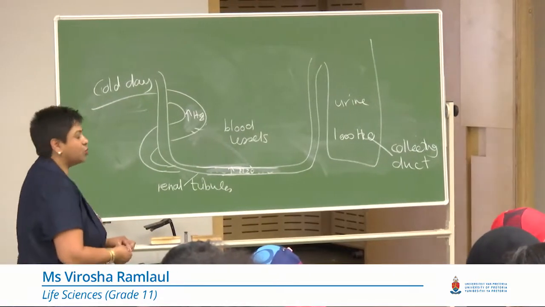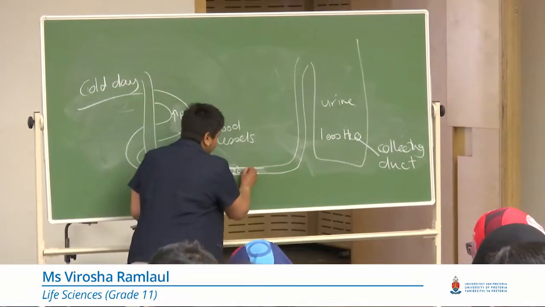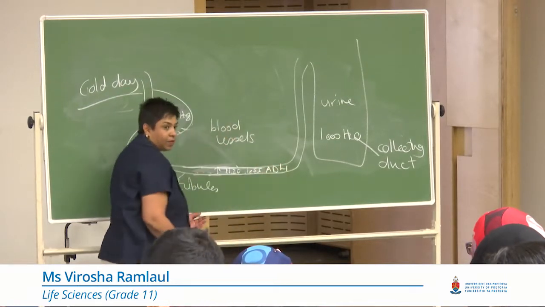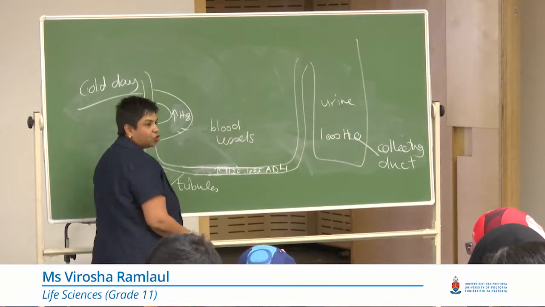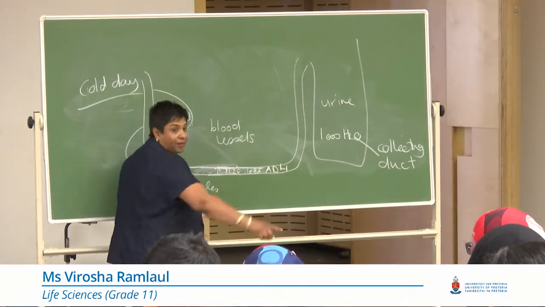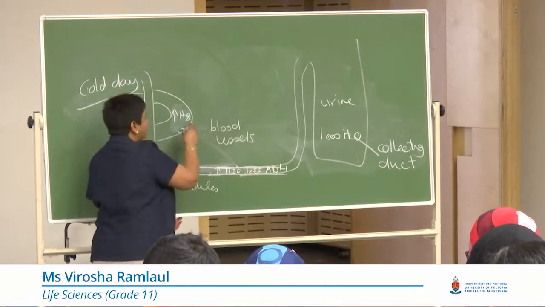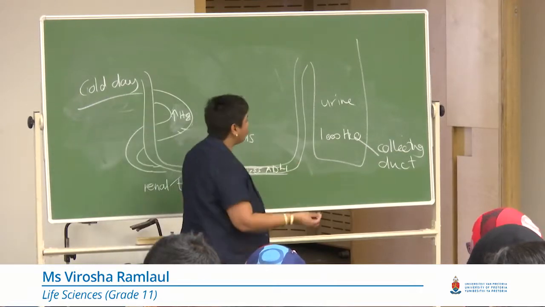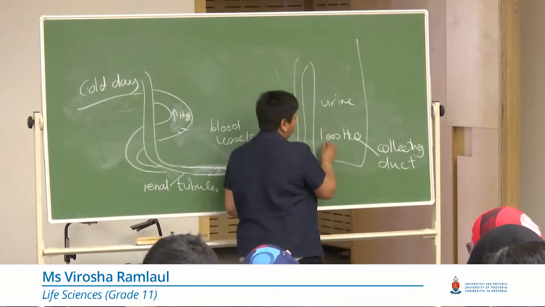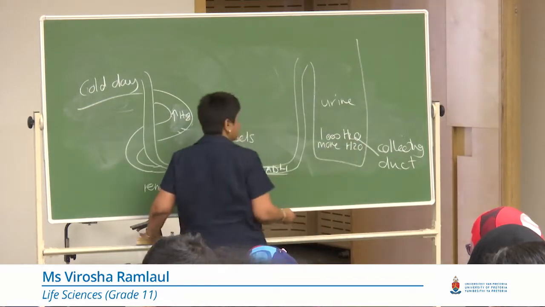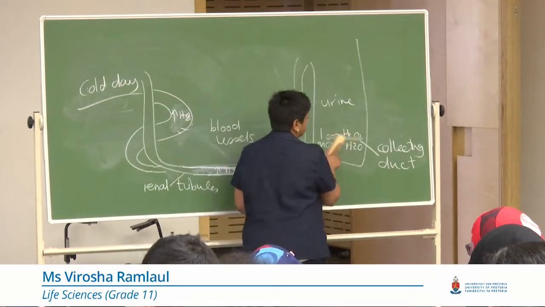Sends a message to the pituitary gland to secrete less ADH. There's less ADH in the renal tubules, it causes the renal tubules to become less permeable to water. Less water leaves and goes into your blood, and it causes more water to be lost in the urine. If there's more water in your urine, how do you describe that?